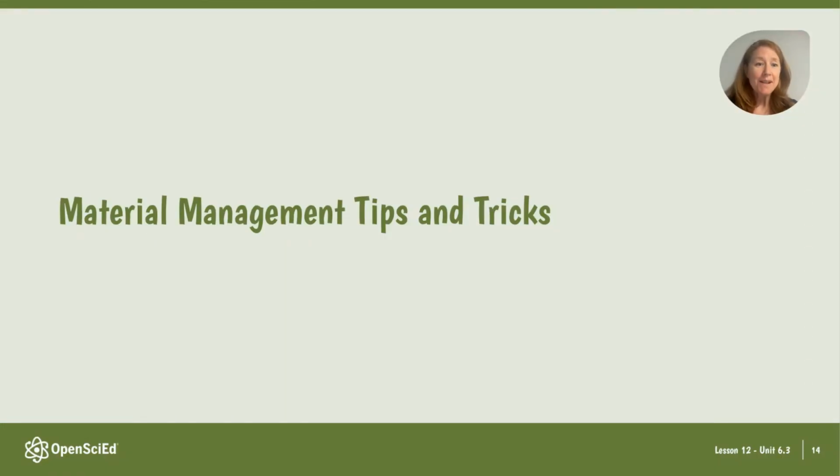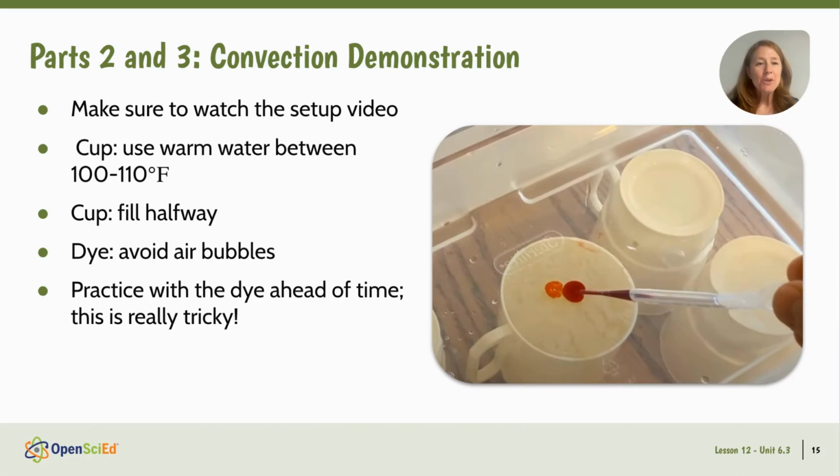Okay, let's think about some of the material tips we have for this. So in both parts 2 and 3, we're referencing an experimental setup and then we are running a teacher demonstration. Watch the setup video. Really, really helpful for this. The goal here is to be getting the kids thinking about what they might change in their own setup. So we want to be deliberate.